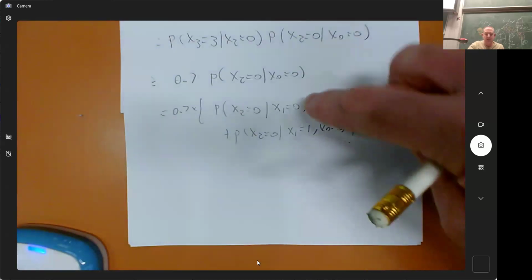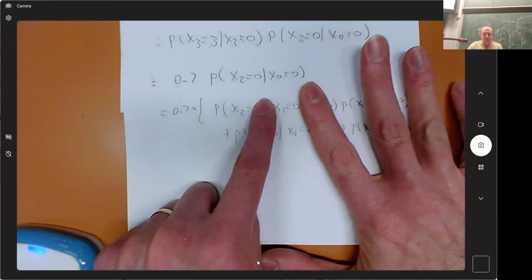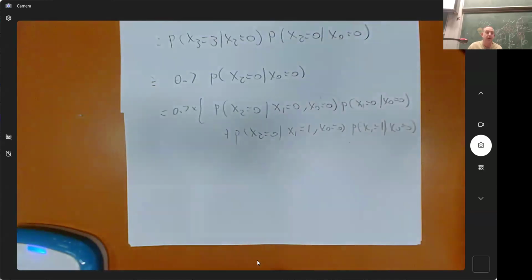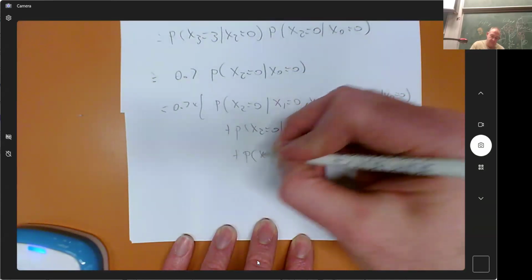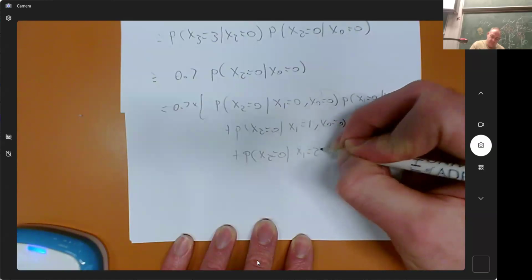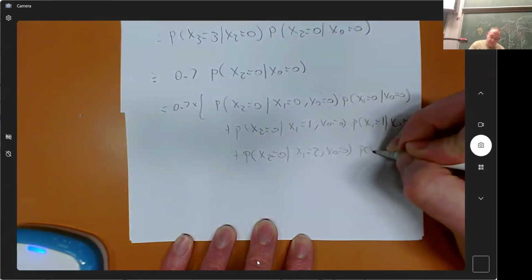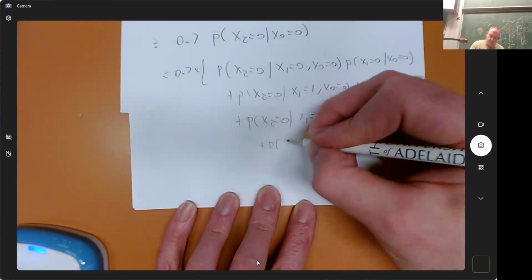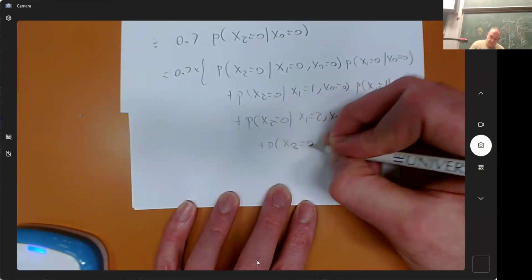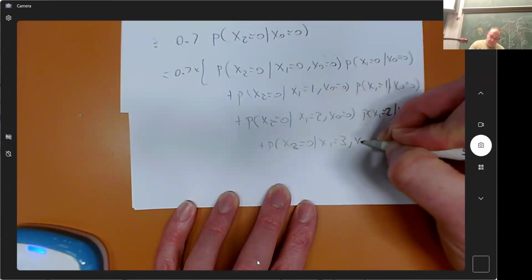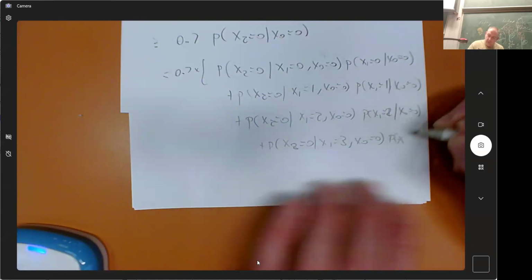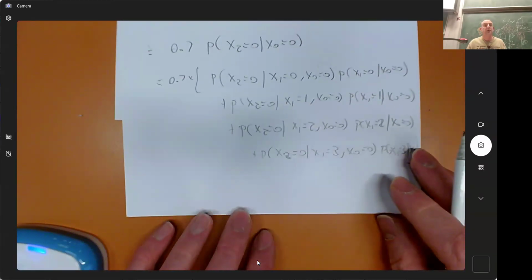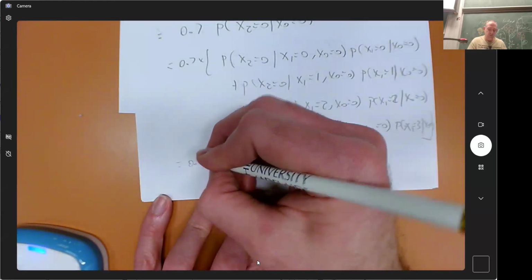And you know that this one's 0 and this one's 1 and this one's 1 and this one's 1. Yeah. x1 equals 3, given that x0 equals 0. And now we in fact have all of these probabilities told to us.